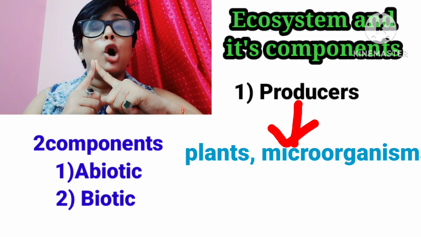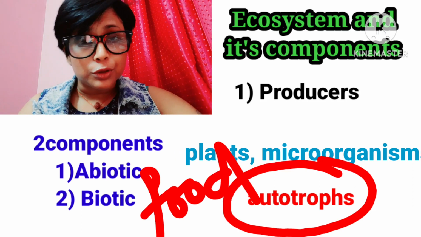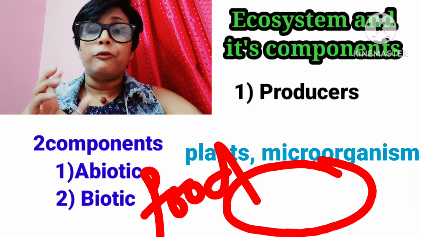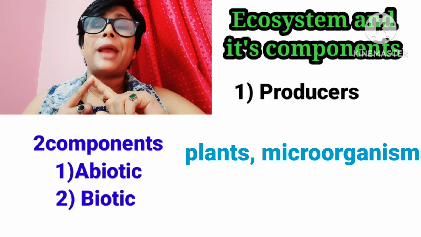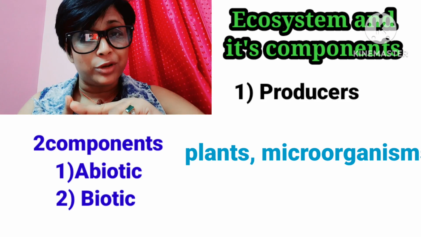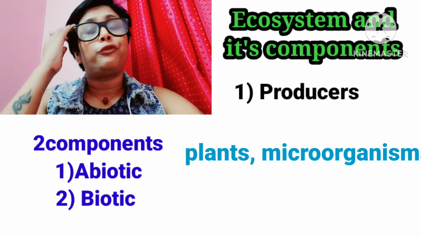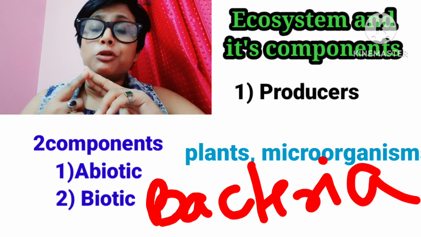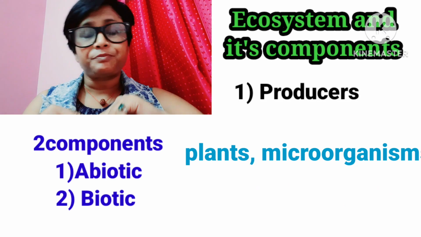Plants are autotrophs, that means they can produce their own food. We all know that the process is called photosynthesis. So plants are the producers, and some bacteria that have bacteriochlorophyll can produce their food by themselves. So they are also the producers.